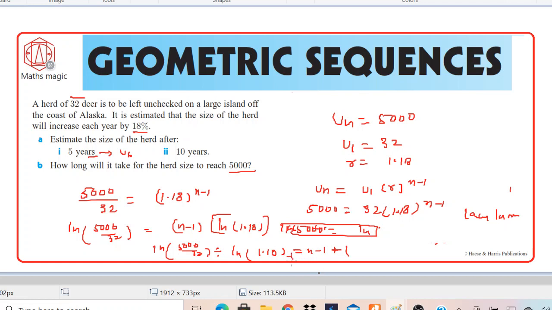Now you can simplify this to find the answer, and your n is going to be approximately 30.5 years. So this is the final answer. Hope it's clear. If you still have any doubts, you can get back to me for sure.